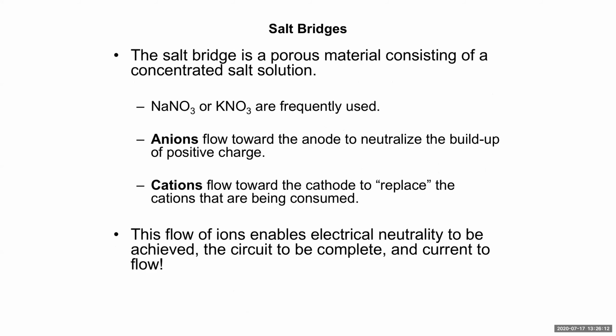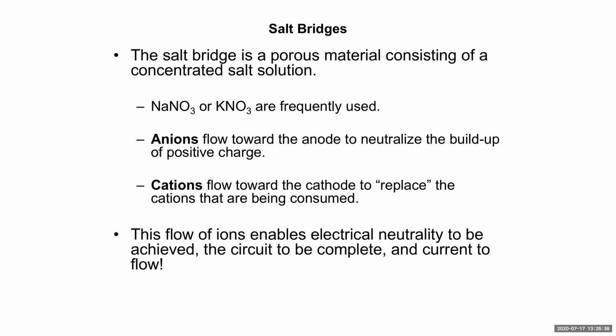The salt bridge is a porous material consisting of a concentrated salt. It could be sodium nitrate in this example, or potassium nitrate. It could be, I think, sodium chloride or potassium chloride. So anions flow towards the anode, and cations flow towards the cathode. So this always happens. It doesn't matter what reaction's going on, but because oxidation is taking place at the anode, like I said, you're losing electrons.